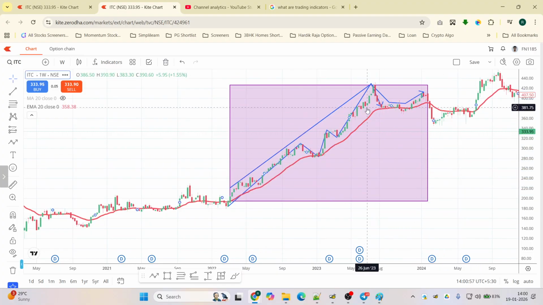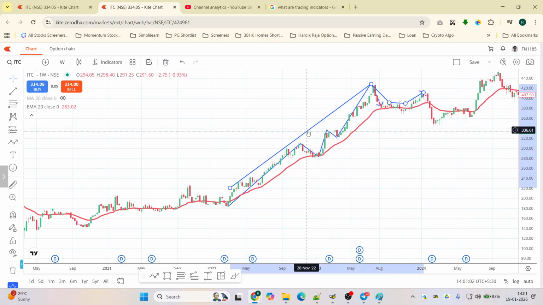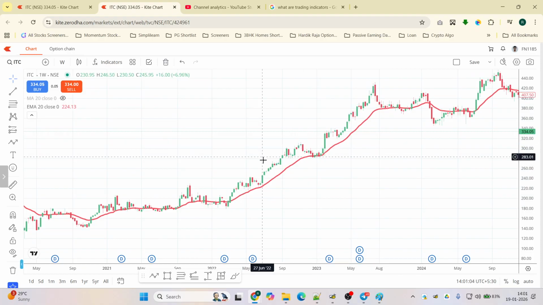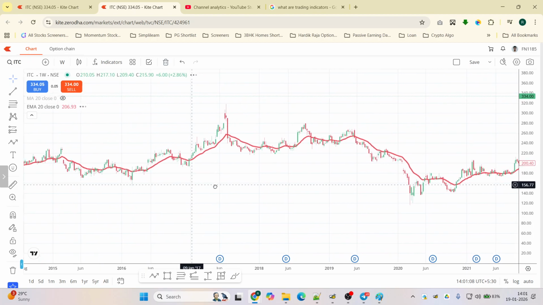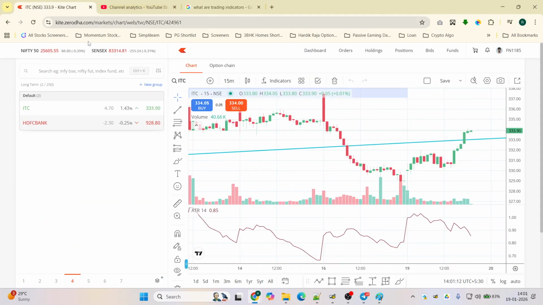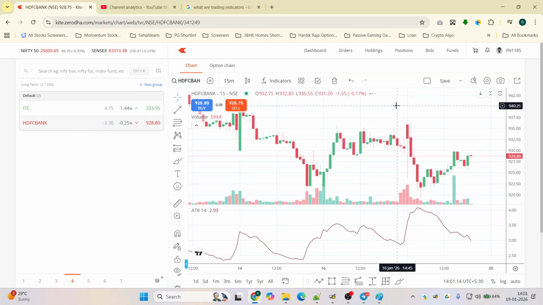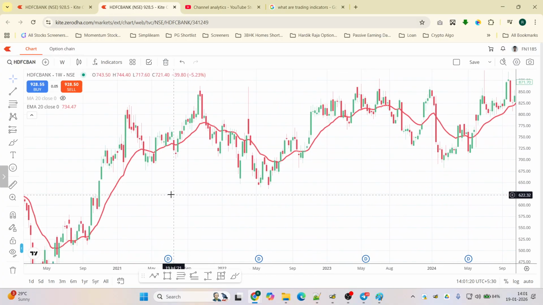This is just one of the ways. In case you're not sure of how to check a trend, you can go ahead and look at this. Let me check with another stock. Just close this for now. Let me go with HDFC Bank. Guys, again, all the stocks shown here are not a recommendation to buy or sell.